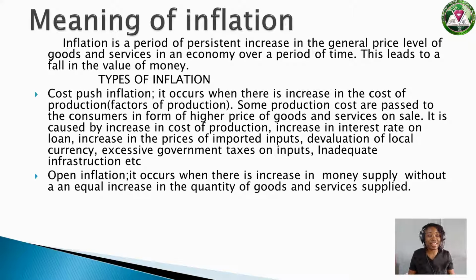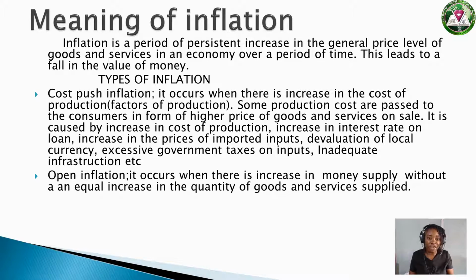Now let's look at the next one. We have open inflation. This type of inflation occurs when there is an increase in money supply without an equal increase in the quantity of goods and services supplied. When there is excess money in circulation.